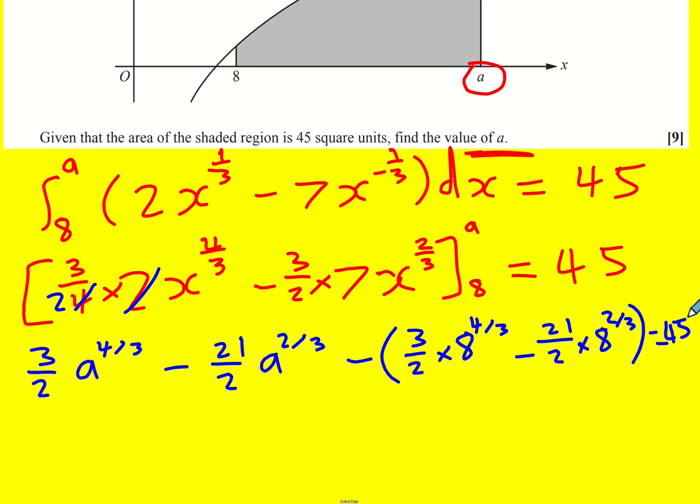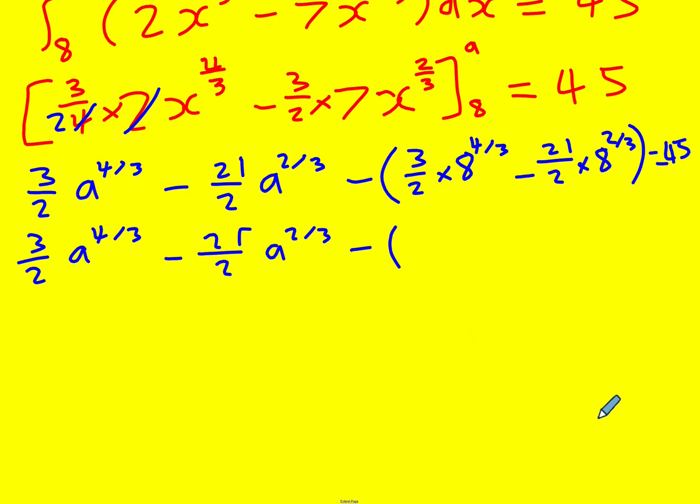I think before I do anything else, I'm just going to simplify the 8's down. So I'm going to rewrite this. Minus, okay, 8 to the 4 over 3. You can just put this in your calculator, but what it's going to be is the cube root of 8, which is 2, then raise to the power of 4, which is 16.